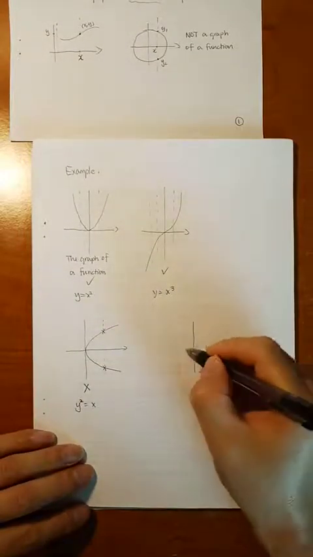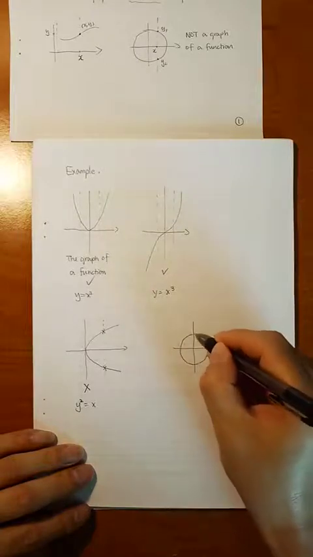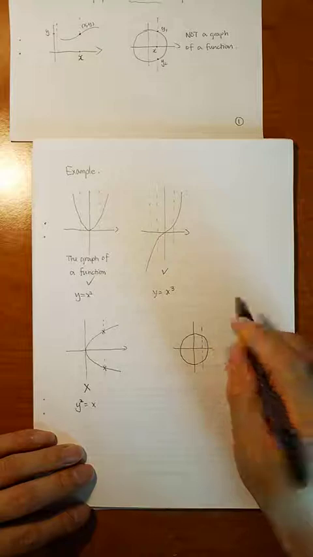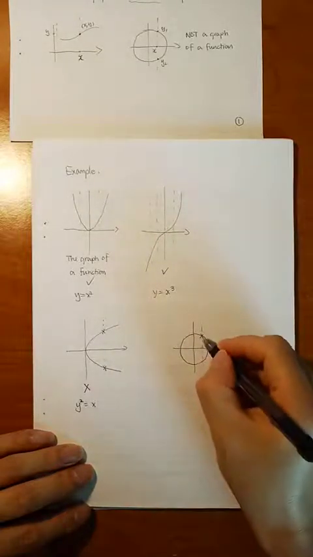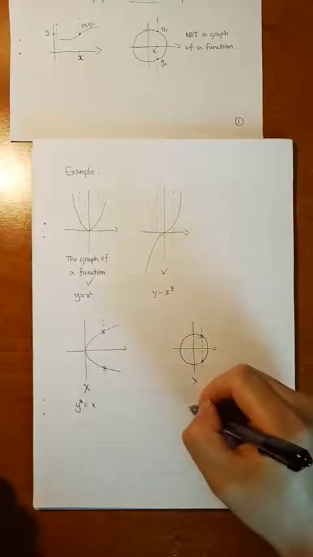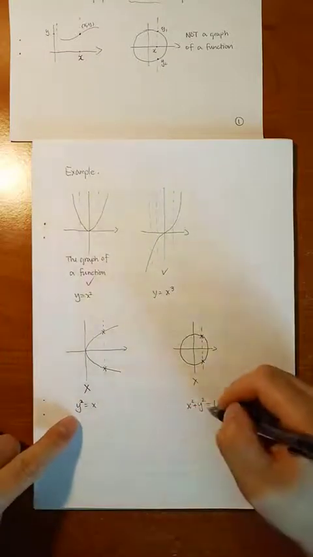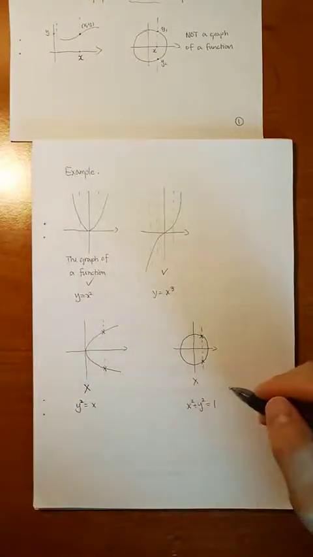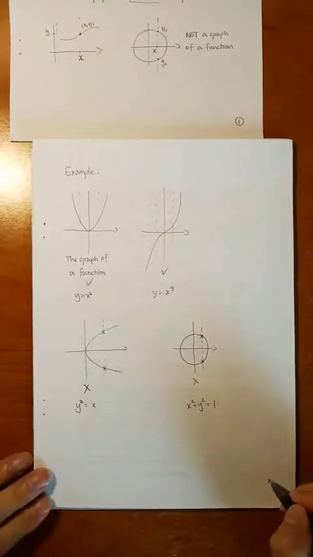And also if we have circles, clearly we know that for some vertical line, the intersection has more than 1 point. So this is not a graph of a function, it's a graph of an equation. This is a graph of equations but not functions. Okay, so that's the example.